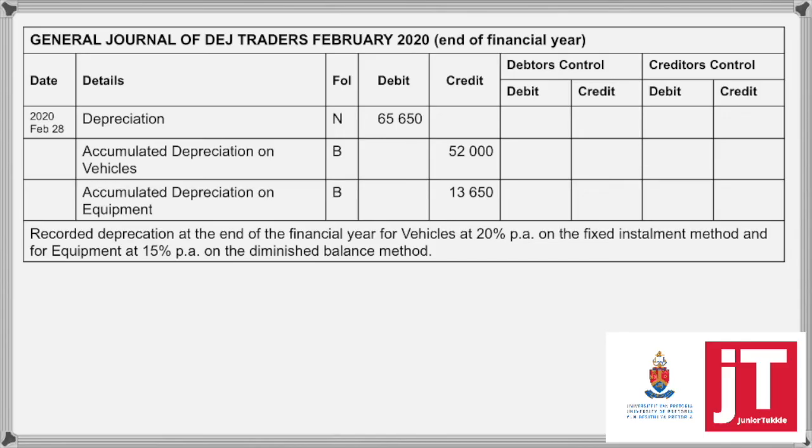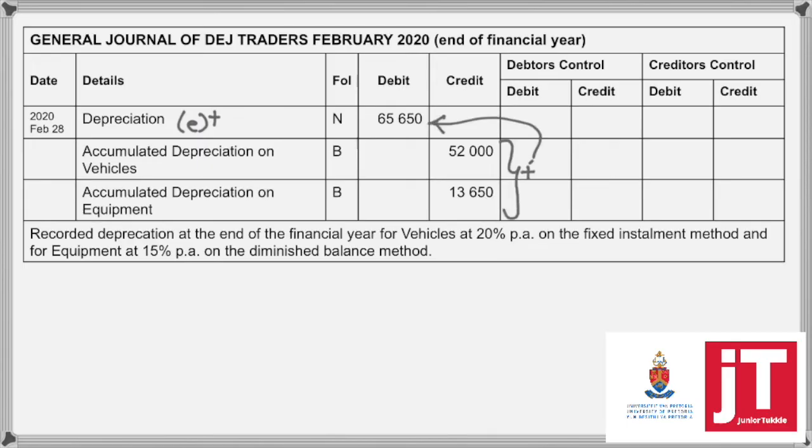Now, in the general journal, we are going to debit depreciation. Why? Because that is our expense increasing for the year, recording the loss in value for the asset or assets for this year. And then we have our accumulated depreciation on vehicles.